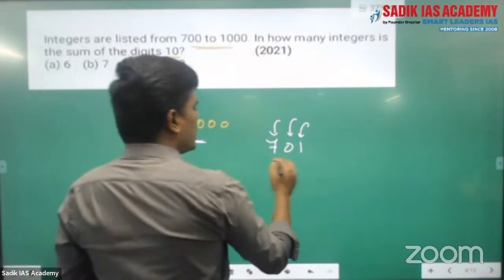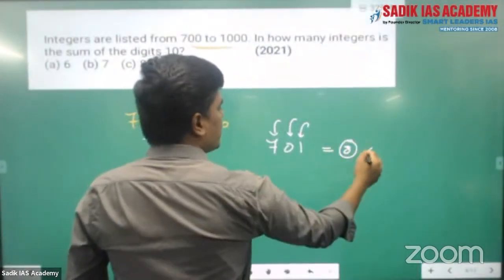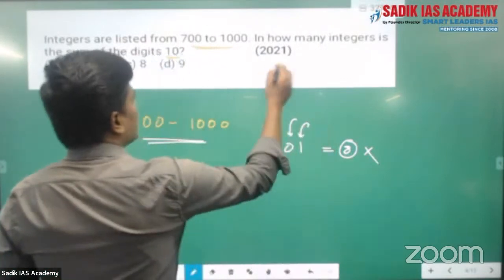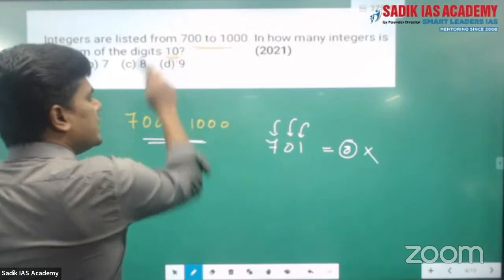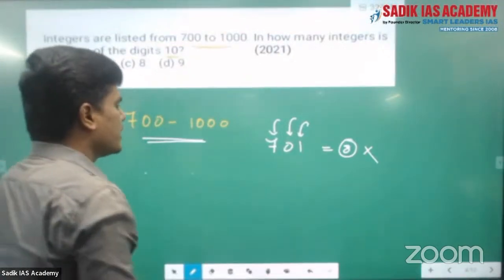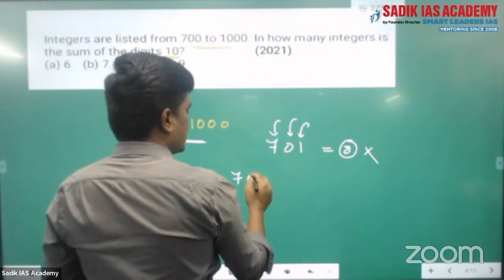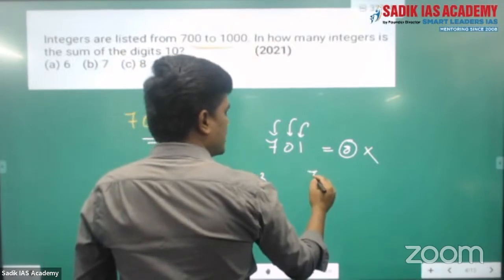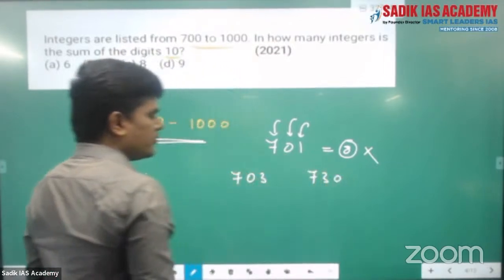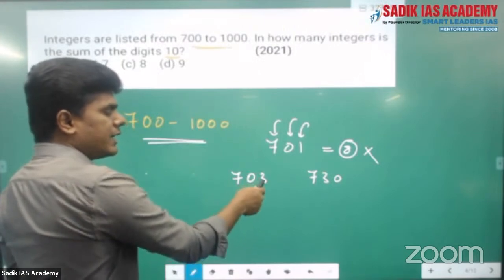If I add all three, I get 8, so this number will not fall under the category. The sum of the digits needs to be 10. The first number that comes under this category is 703. If 703 is coming, then 730 also will come. If I add all three digits, I get 10.